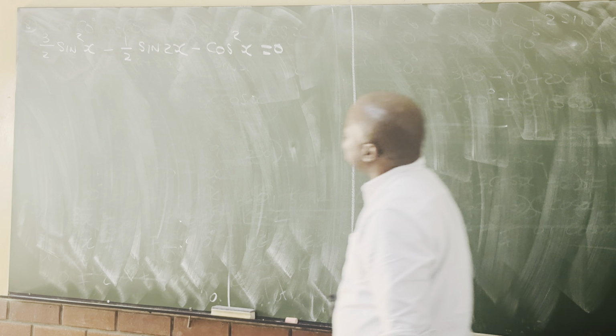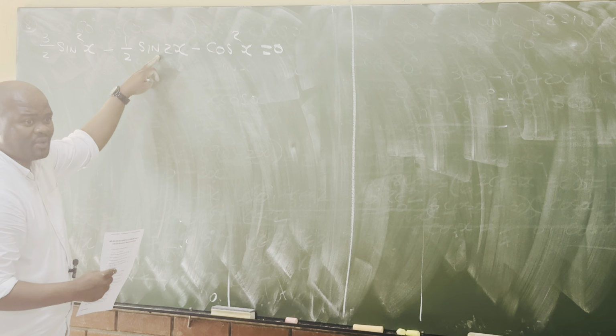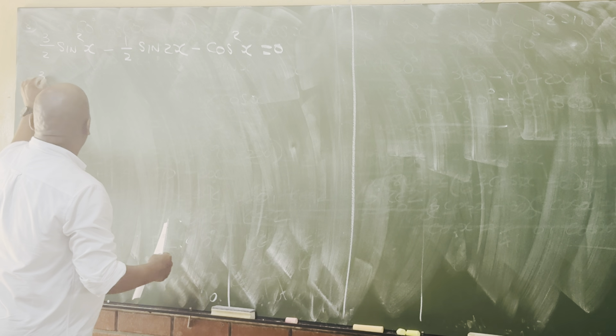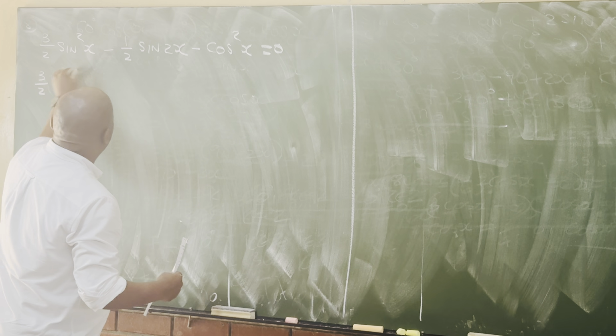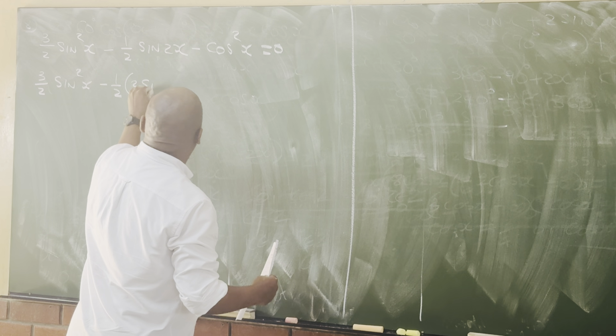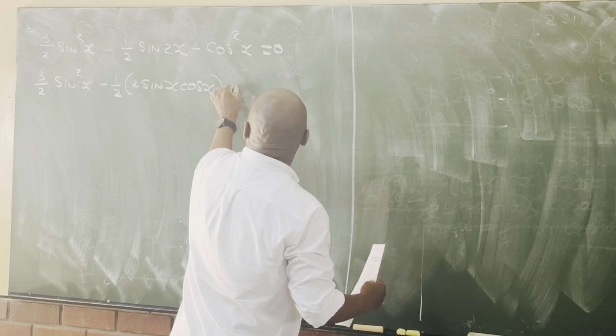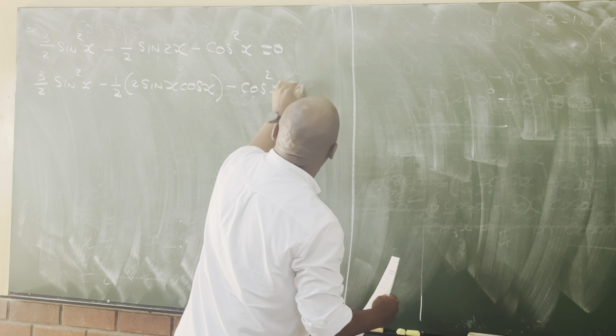What are you proposing for this one? We change sine 2x. Okay, let's do that. We have 3 over 2 sine squared x minus 1 over 2 into 2 sine x cos x, minus cos squared x is equal to 0.